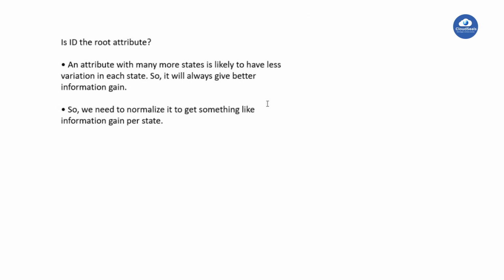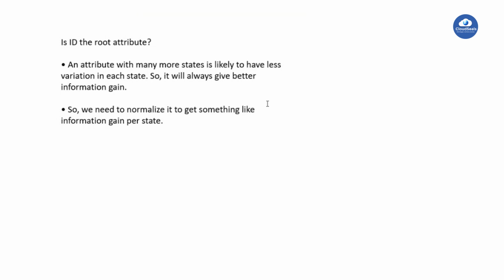Why? Because the people living in that state may have a similar lifestyle. If we compare our country with another country like the US, the lifestyles of all the people in India are similar, or at least very near.